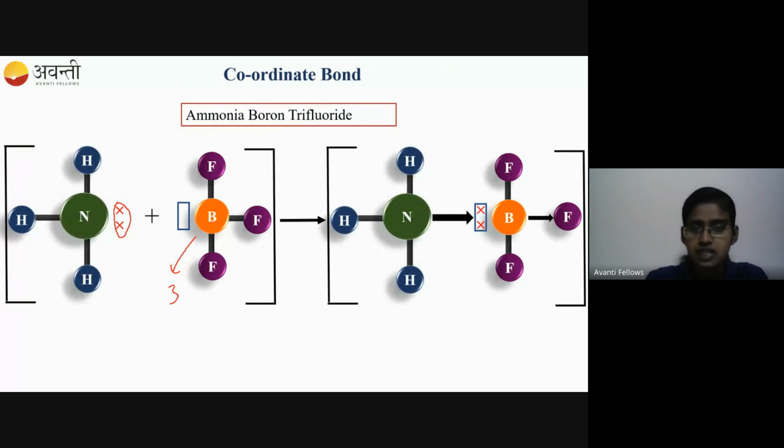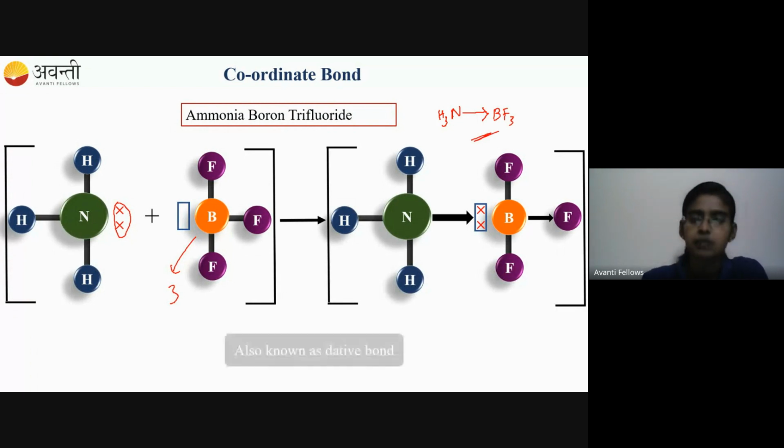We represent that bond by putting an arrow, because both electrons are going from the same atom, from nitrogen to boron. So we represent the coordinate bond like this. Got it? This coordinate bond is also known as a dative bond. The other name for coordinate bond is dative bond. Once again, I'll repeat: if both the electrons are coming from the same atom, we call that bond a coordinate bond.